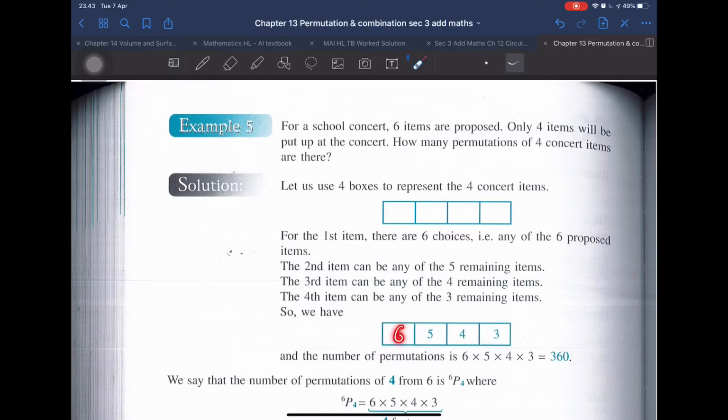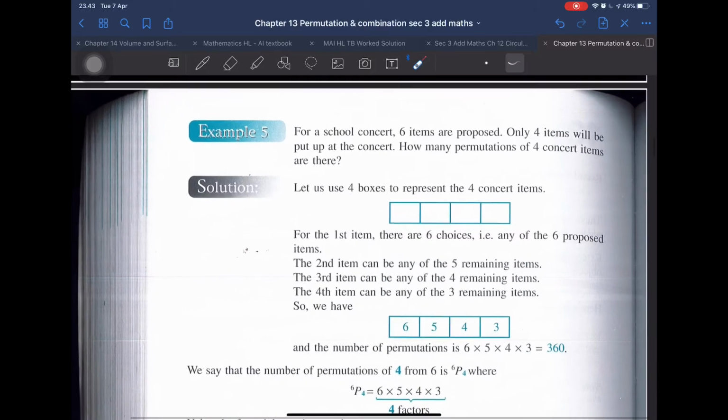So if we already put, let's say, item number 1 is already picked, so we cannot put item number 1 again in this second box. So the next should be 1 lower than the previous. So on until all the boxes are filled up. Multiply all the answers, then becoming 360. That's how to solve it.